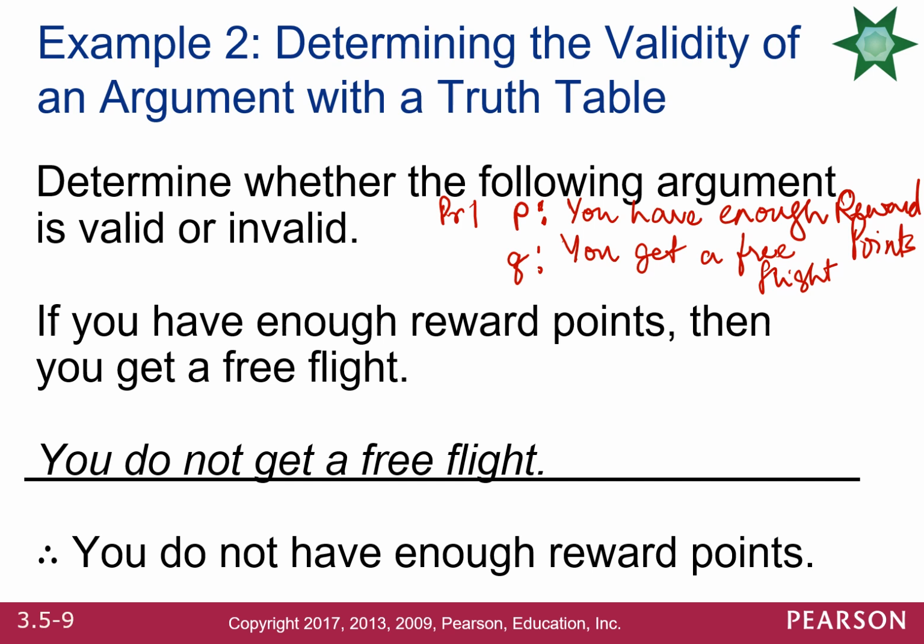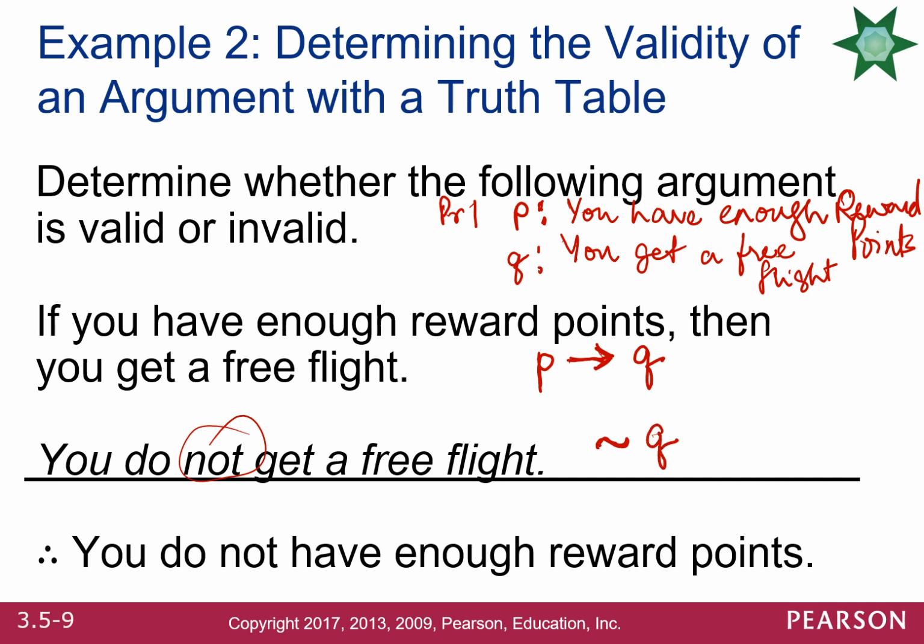In other words, this is going to say: if P, followed by this one-directional arrow, then Q. If you have enough reward points, then you get a free flight. And then the second premise is you do not get a free flight. So how are we going to write that? Q is you get a free flight, and this one has a not, so you're going to say not Q, correct? Not Q.